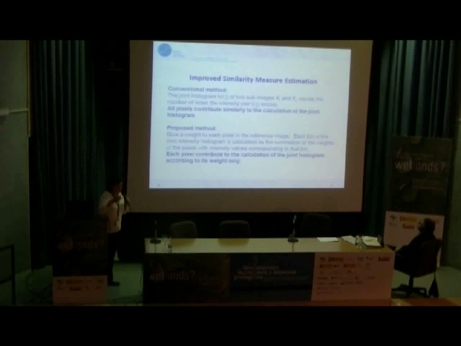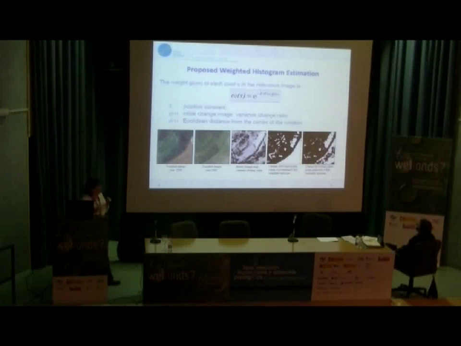So we give each pixel in the different reference images a weight, and the histogram is calculated as the summation of these weights. Now the weights, without going into too many mathematical details, are basically decided by how far the pixel is from the center of the window, and how much this pixel, when compared to the other image pixel, shows more change in variance.